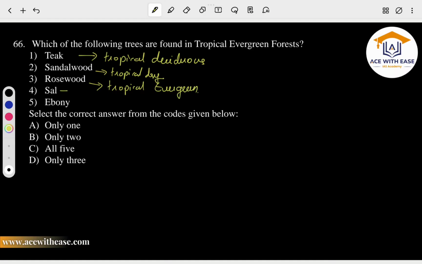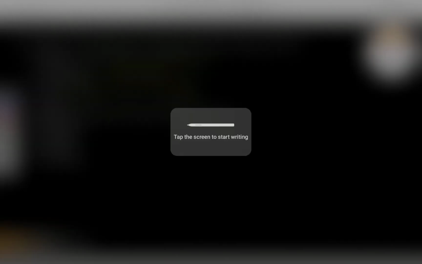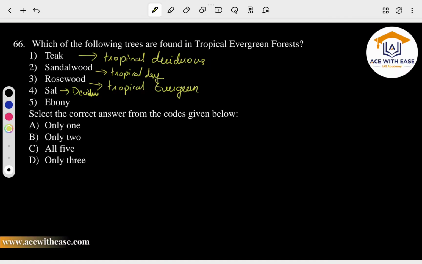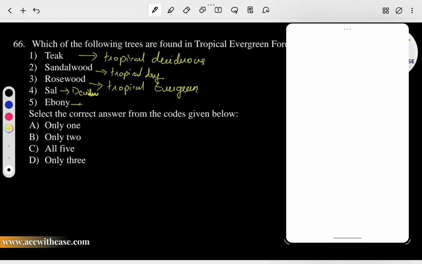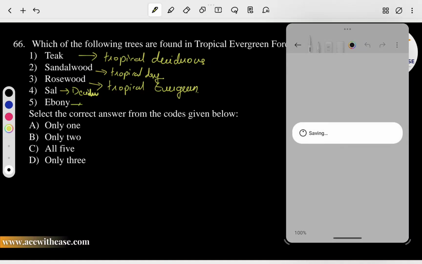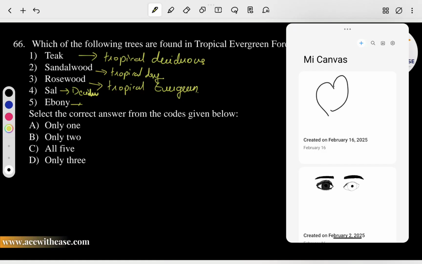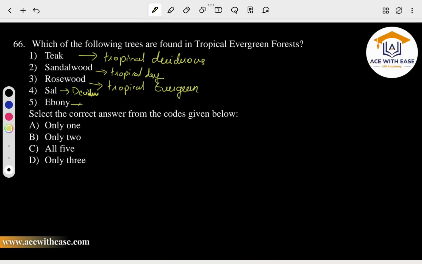Sal again is present in deciduous, whereas ebony is present in the tropical evergreen.